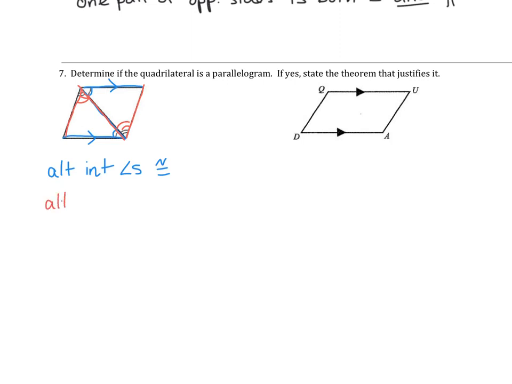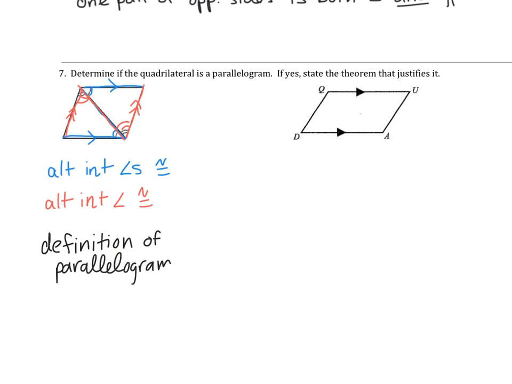I have another pair of alternate interior angles that are congruent, which means that these two lines must be parallel as well. So since I have two pairs of parallel lines, we can conclude this is a parallelogram, and we can actually just say definition of parallelogram. Which again is two pairs of parallel lines.